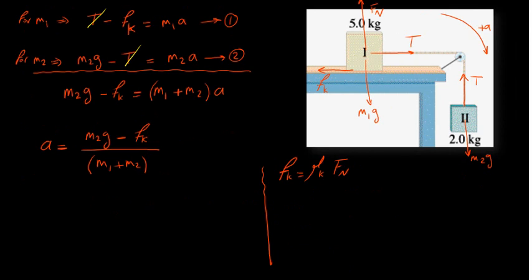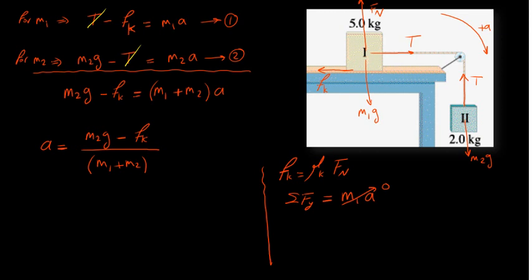When we look at the system, we will see that the normal force is located on the y-axis of the first object. So let's apply the total forces on the y-axis for object 1, and it will be m1a. However, we know for sure there is no motion on the y-axis, so that makes the acceleration 0, so this side of the equation will be 0. But what force is acting on the y-axis on object 1?